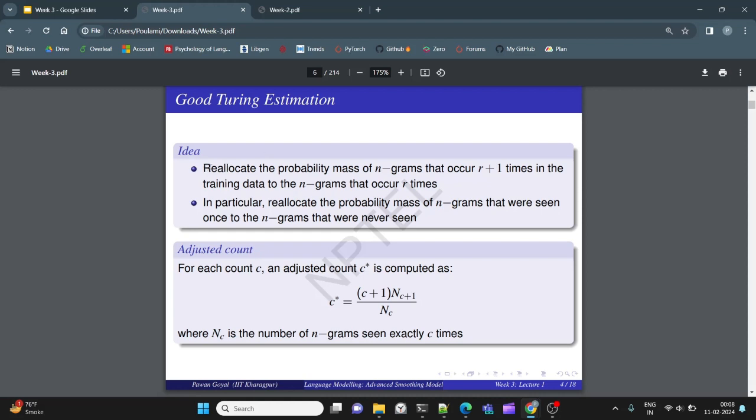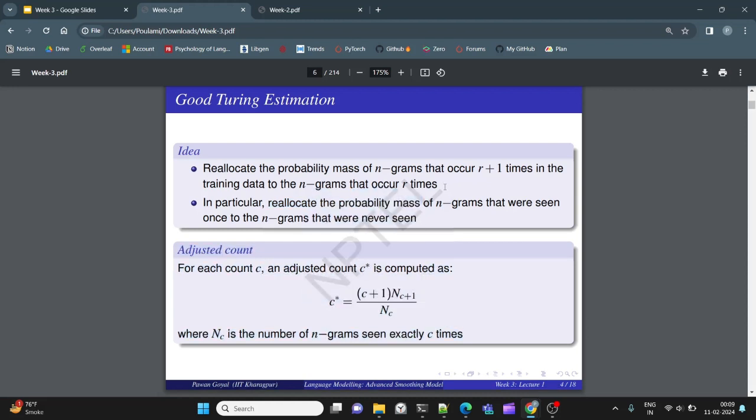The idea is that we reallocate the probability mass of n-grams that were seen once to that of n-grams that were never seen. This is mainly the main thing.